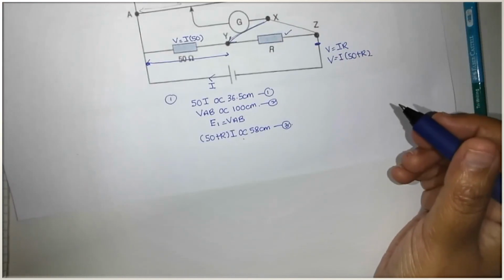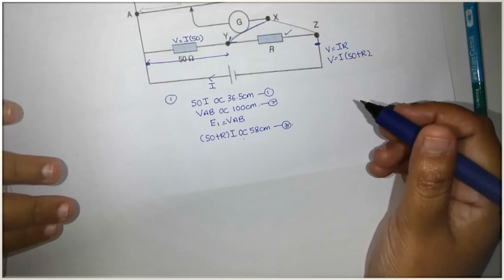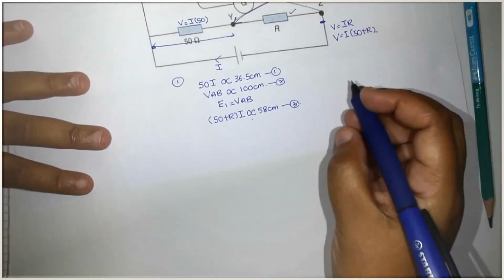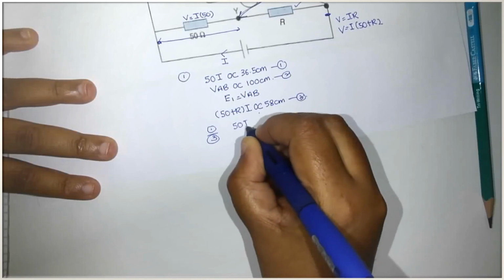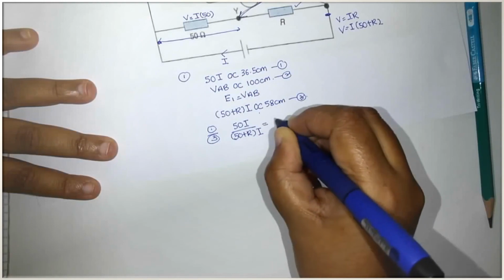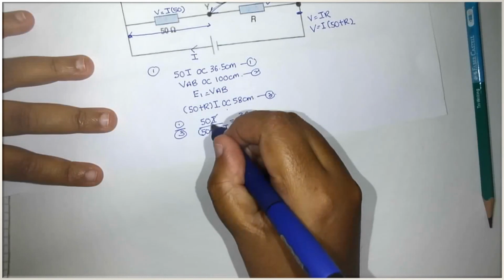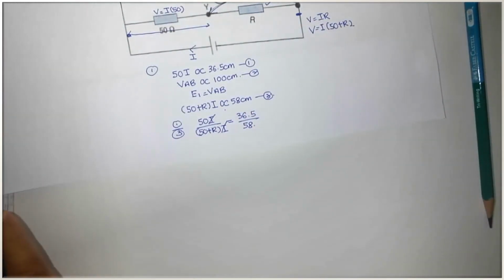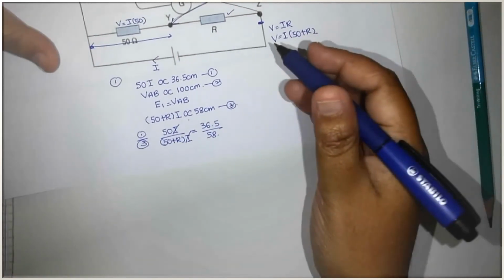Now the question asks us if the slide wire AB is 100, what is the value of R? So we're going to find the value of R. 1 divided by 3: 50I over (50 + R)I is equal to 36.5 divided by 58. I and I cancel. So 36.5 divided by 58 is 0.629.